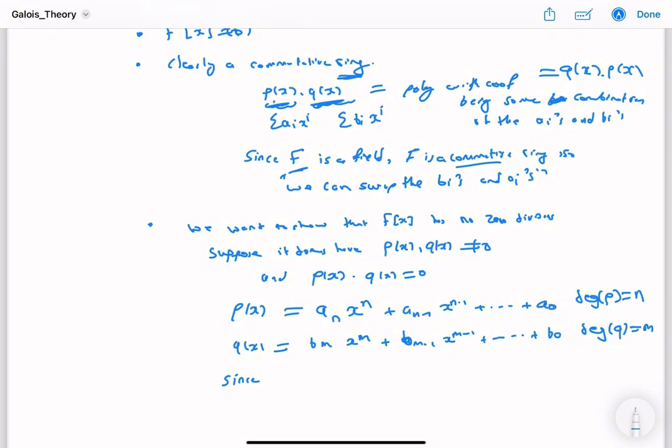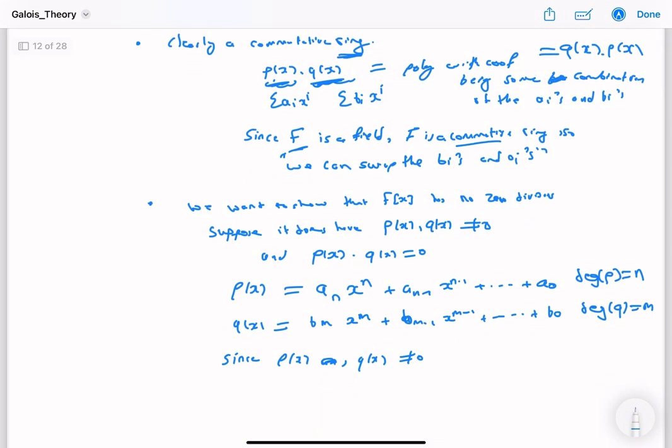This is what we're assuming, and we can assume that since they're not zero polynomials. Since p of x and q of x are not zero, we know that a sub n is not zero and b sub m is not zero.